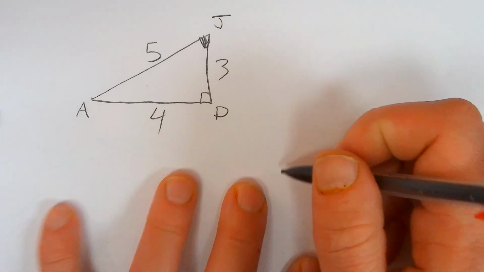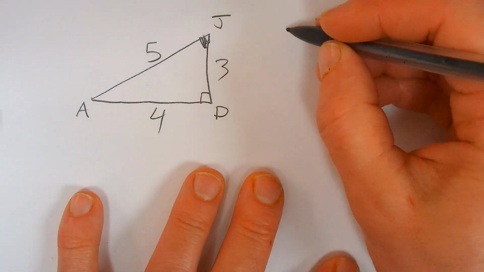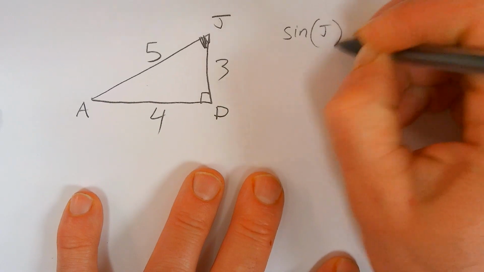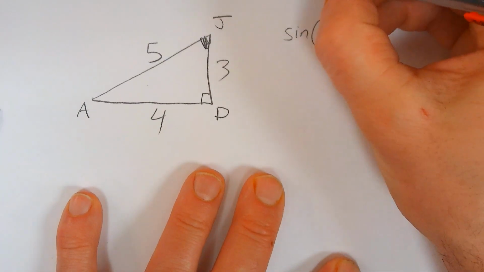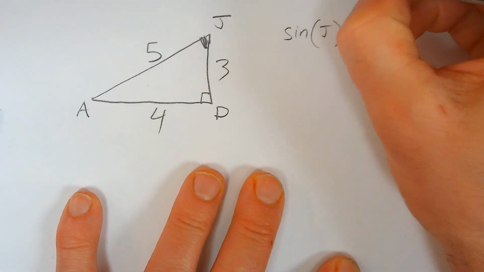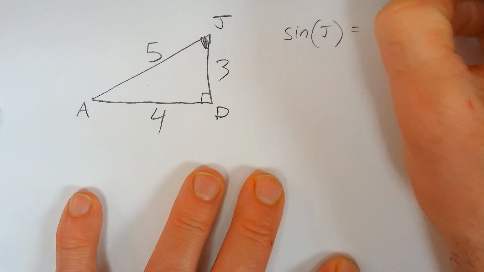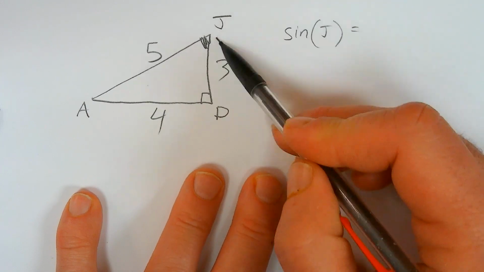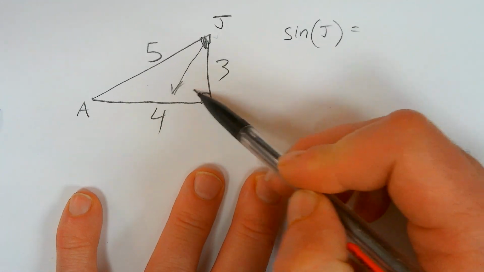That is a valid right triangle. The sine of J. I will use SOHCAHTOA. The sine is the opposite over the hypotenuse. Opposite of J is 4. Hypotenuse is always 5.